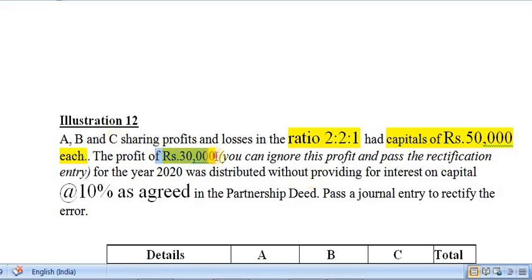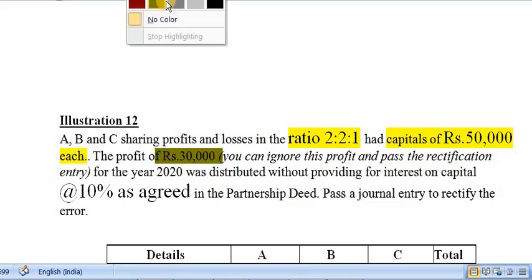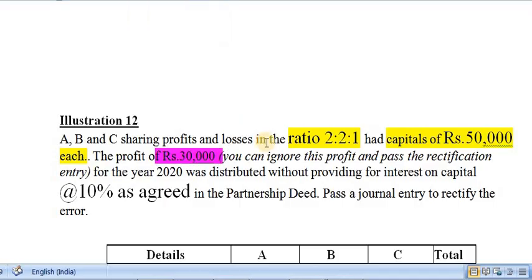It has no meaning, ignore this. Profit is meaningless, no use. It was distributed without providing for interest on capital as agreed in the partnership deed.